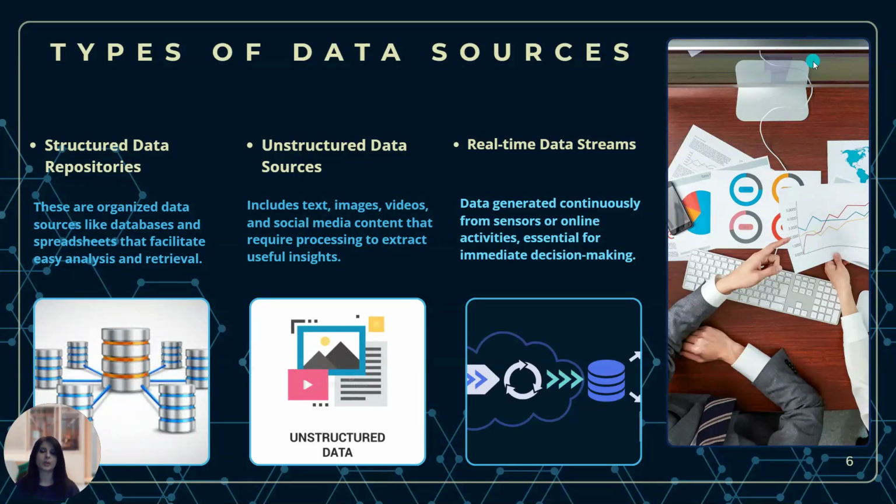Whatever we call structured data is whatever can be represented in tabular form, in a more organized way, in specific databases, when the data can be represented in a spreadsheet. Unstructured data sources include text, images, videos, and different media content.